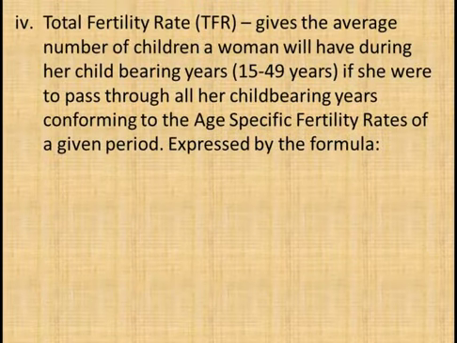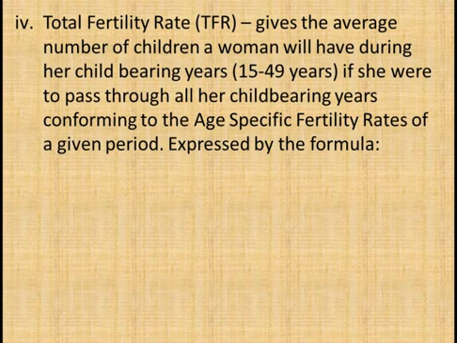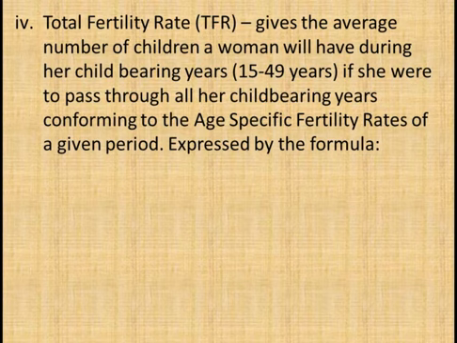Total fertility rate gives the average number of children a woman will have during her childbearing years if she were to pass through all her childbearing years conforming to the age-specific fertility rates of a given period.